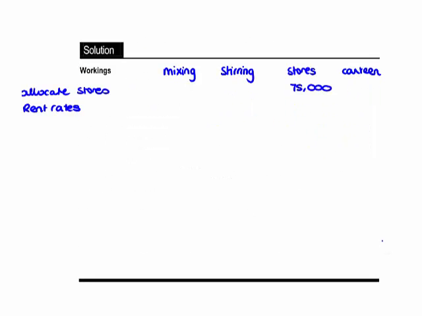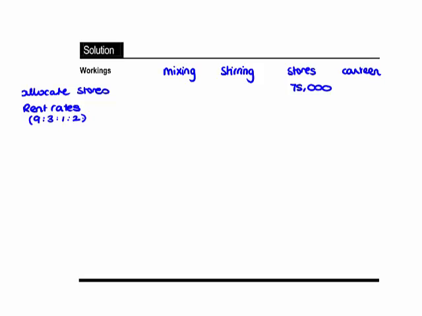The rent and rates then are going to be allocated on the basis of floor area. 9,000 is going to be allocated to mixing. 3,000 square metres is the stirring department. 1,000 the stores, and 2,000 the canteen. So what we've got then is 15,000 in total.